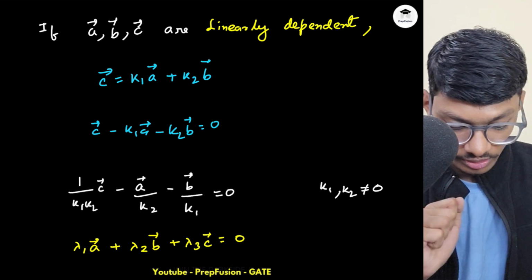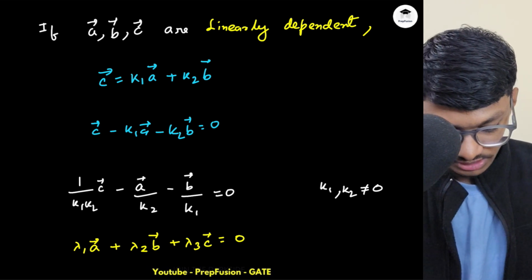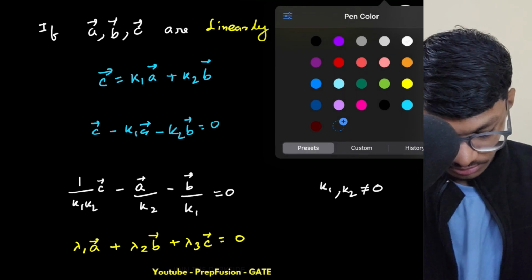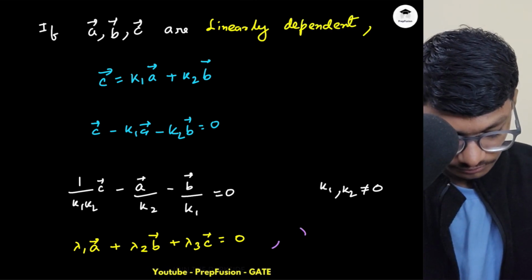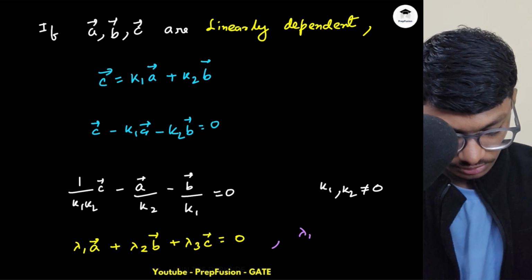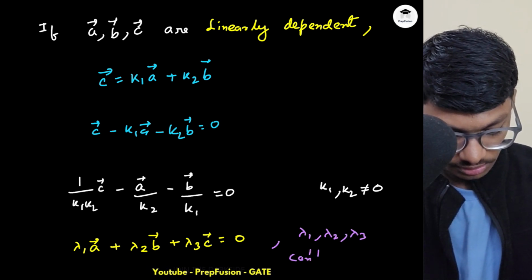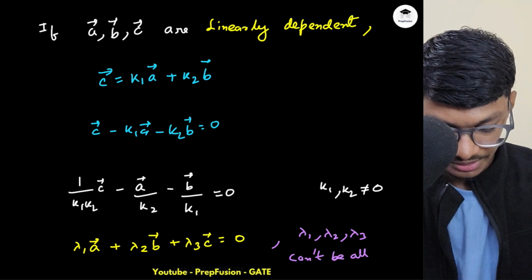What is the important point? The important point is lambda 1, lambda 2, lambda 3 can't be all 0 simultaneously.